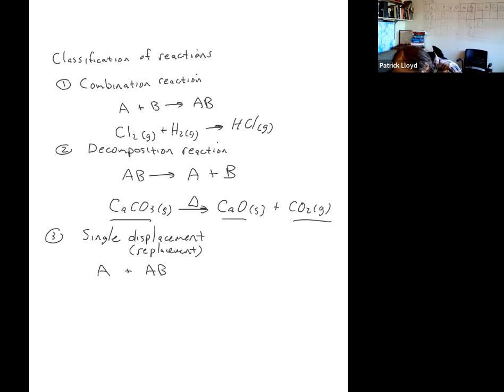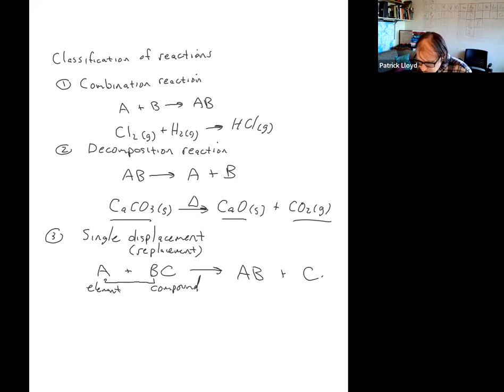Sorry, let's use different symbols. So see how this is an element? And then this is a compound. A compound has two or more elements, right? So if it's BC, that means we have at least two elements. What happens is one of those elements will combine with the single one and then leave the other one by itself, right?